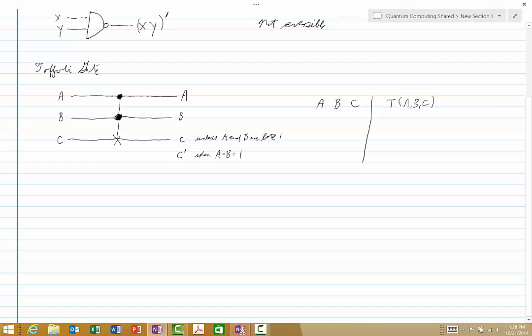But I won't write them as three separate things. I'll just write them as one triplet of bits. Okay, so obviously our possibilities here will be like that.